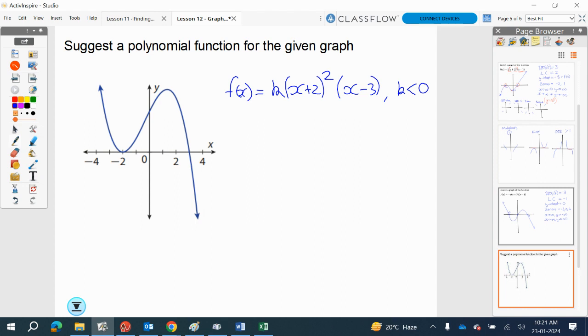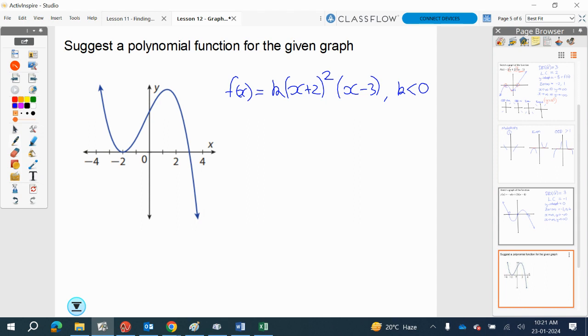It does matter, yeah, because you need the turning point to be on the -2. So it's the x plus 2 that has to have a multiplicity that is even. If you had a multiplicity of 4, you would get a similar looking graph.